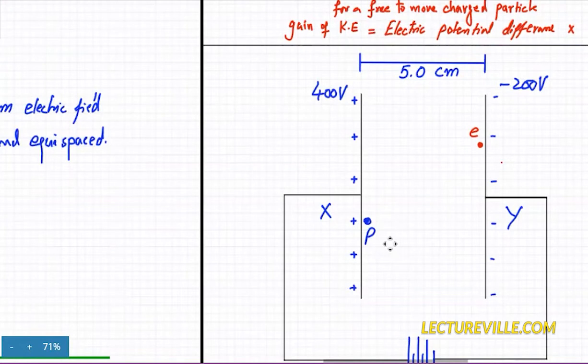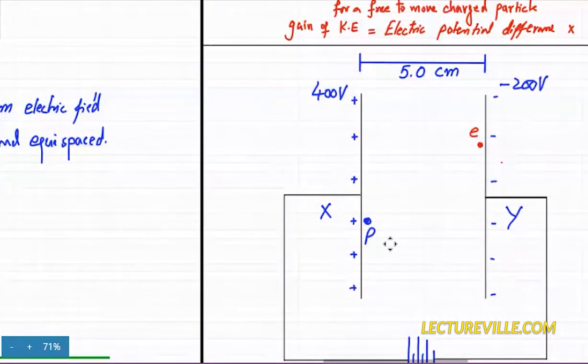One formula is E equals to force divided by charge. Other is potential difference divided by distance. Which formula can we use in this situation according to the data given?